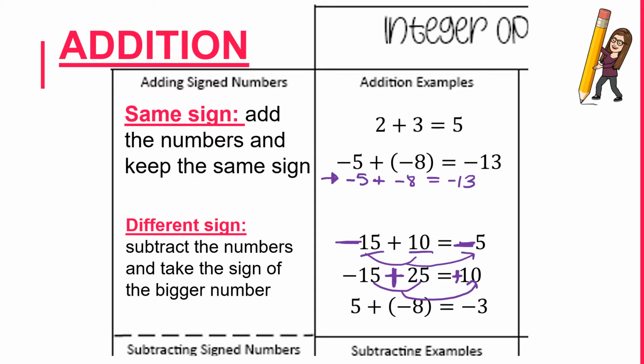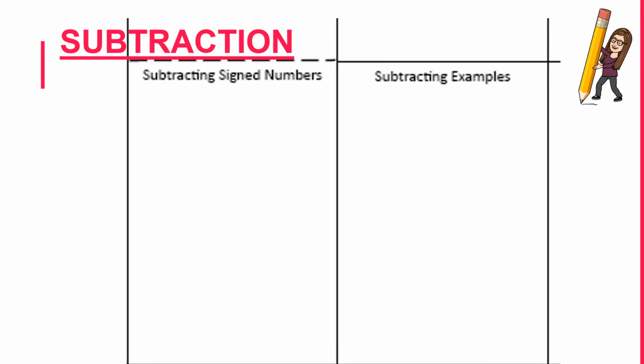If we take a look at this one, 5 plus negative 8. The difference between the numbers is 3. The 8 is larger and it's negative, so my answer is negative. Again, if you didn't get a chance to write that all down, go back and pause the video.